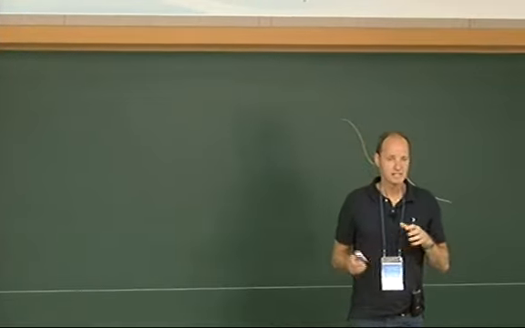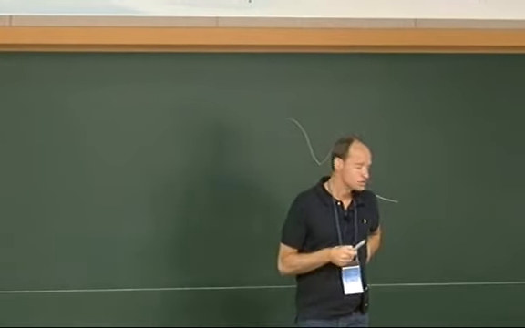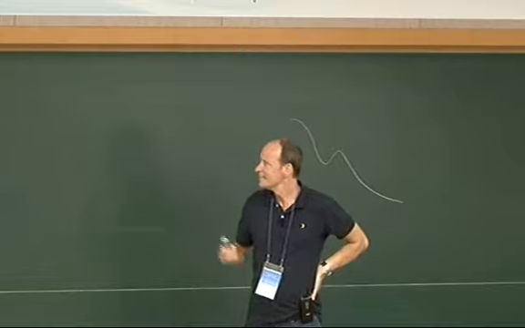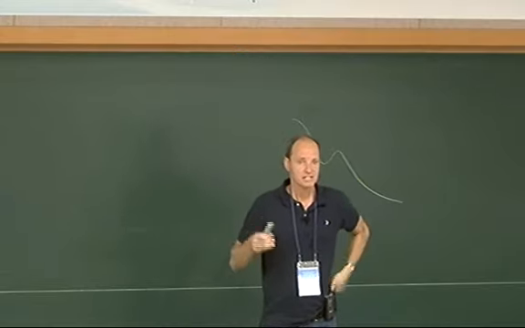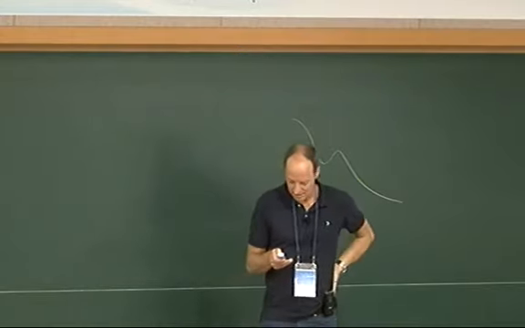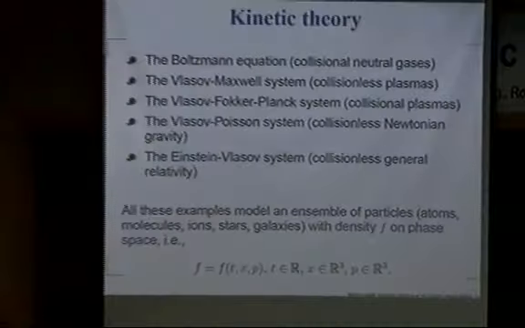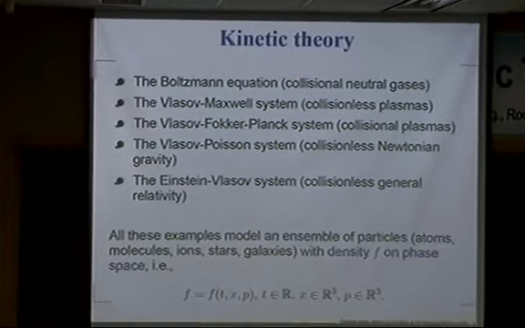And as we will see, we'll also maybe show one situation about the more general situation, how Einstein's equations may look like. Okay, so this is a kinetic meeting, so you know all those things.